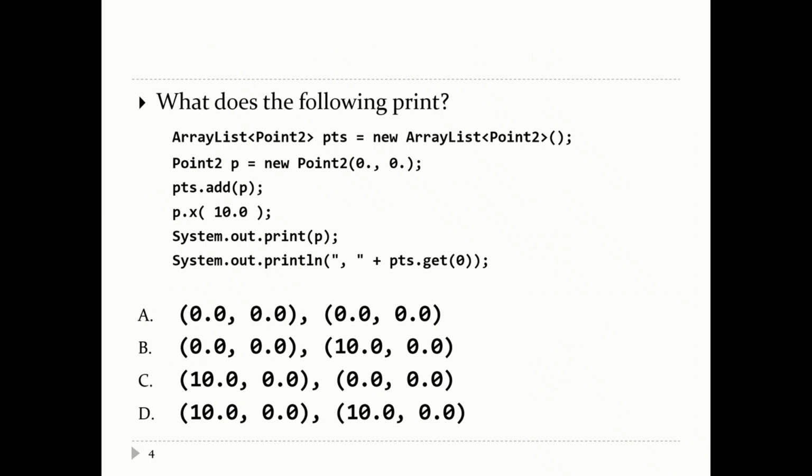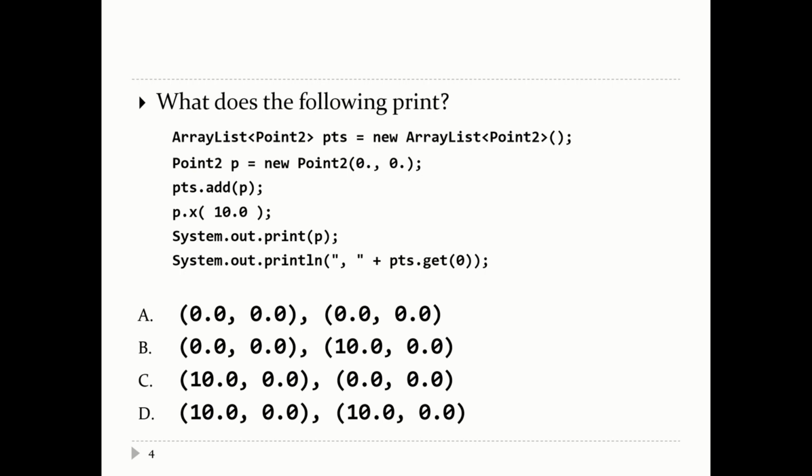Okay, so if I make a list of points, and I create a point 0, 0, and add that to the list, I'm then going to change my point, so its x-coordinate becomes 10, so it's now 10, 0. If I print out the point, it had better print out the point 10, 0. Now the question is what happens if I also print out the first point in the list? If I ask the list for its first point using get, is that point 0, 0, or is that the point 10, 0?